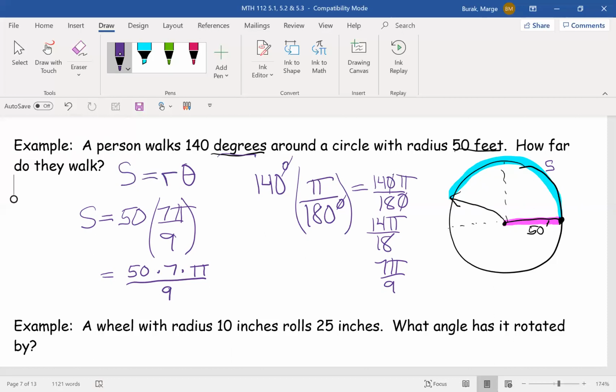Okay, so 50 times 7 times pi equals 1099.56 about, and divide that by 9, and I get 122.2 feet for my answer. Now let's see if that makes sense. 50 feet is this long. So if I went 50, 50, it looks like about 122 feet. So that makes sense.